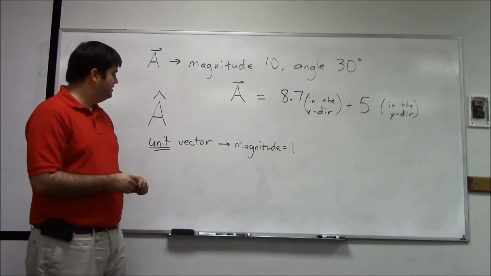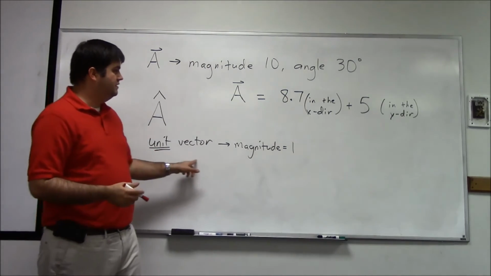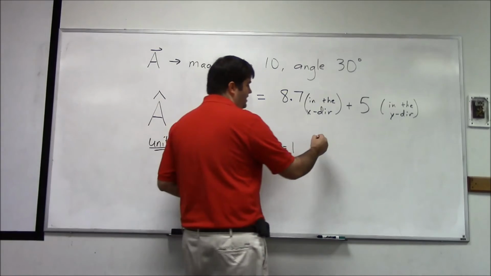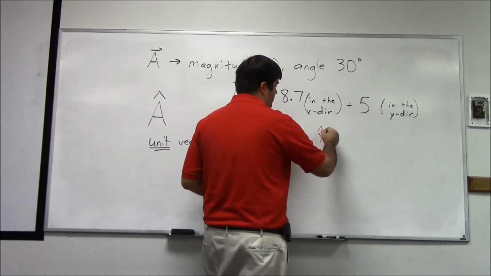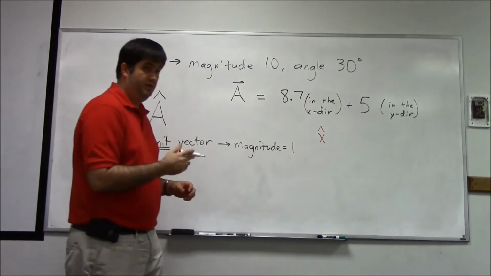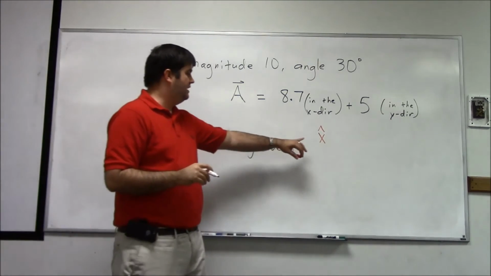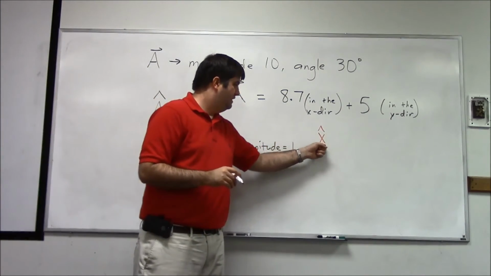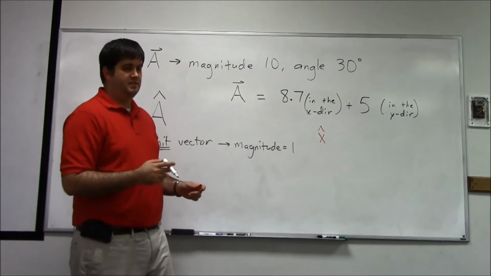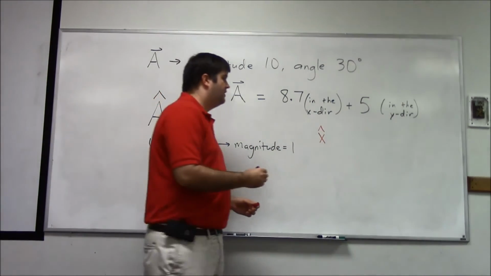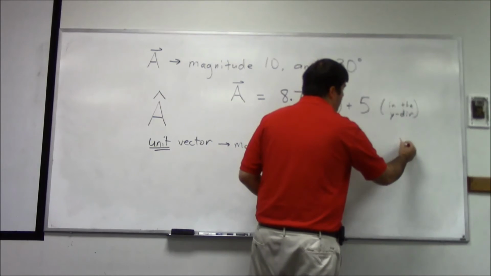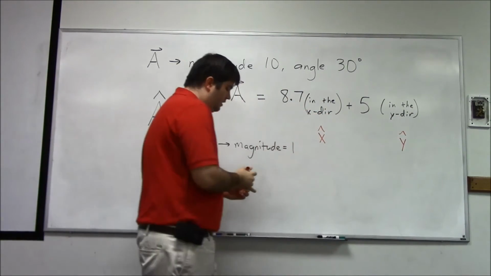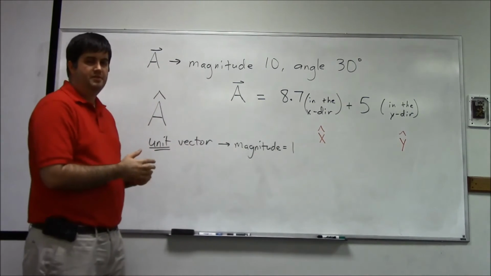In other words, we could write a unit vector in the x direction, and I might just write an x with a little hat on it, to represent a unit vector, a vector of magnitude 1, pointing in the x direction, that is along the x-axis. And likewise, I might define a vector that means in the y direction with a unit vector labeled as y hat.